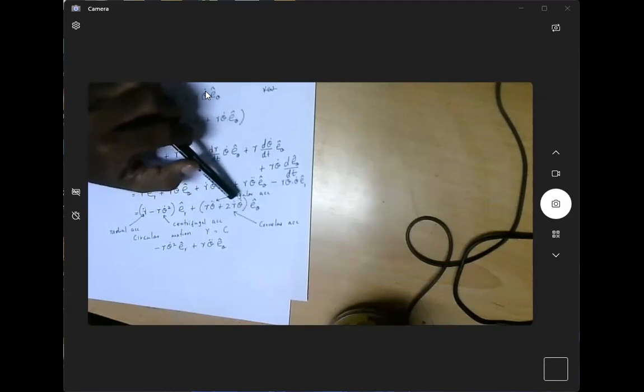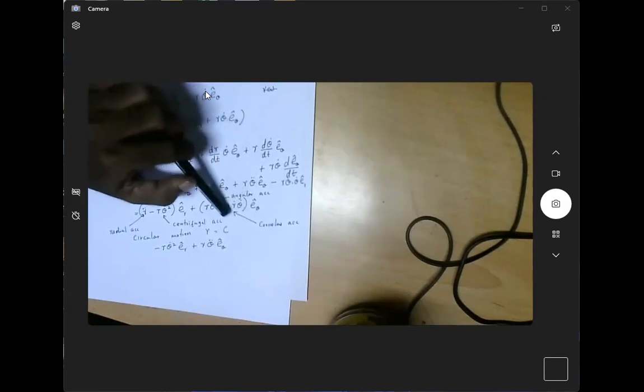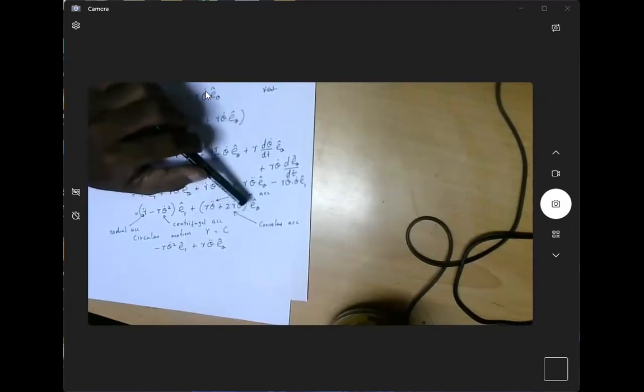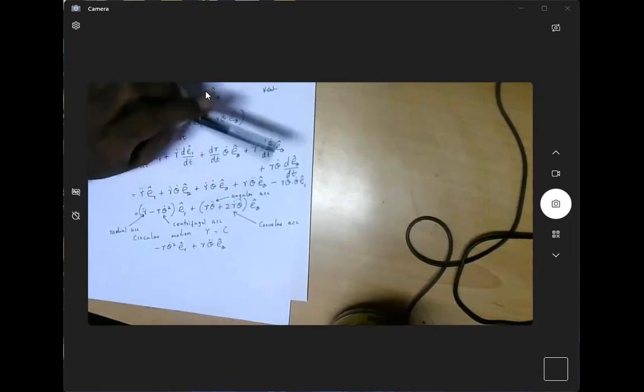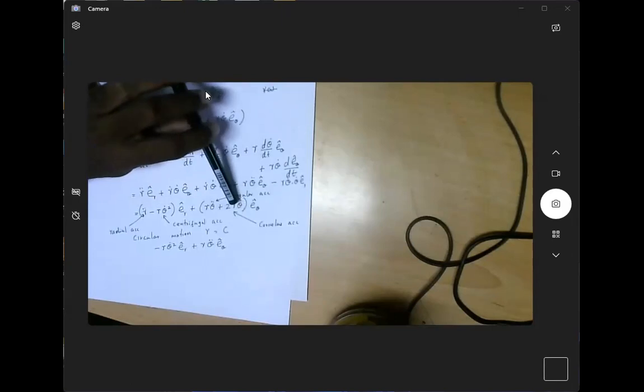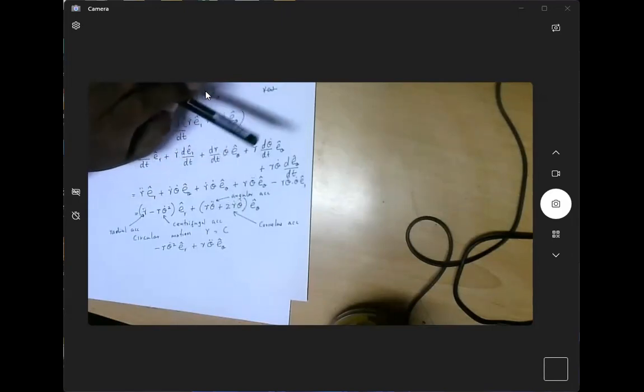That is why you get the feeling like you are going to fall down when you try to move on the moving merry-go-round, right? So there really is an acceleration, this Coriolis component, right?